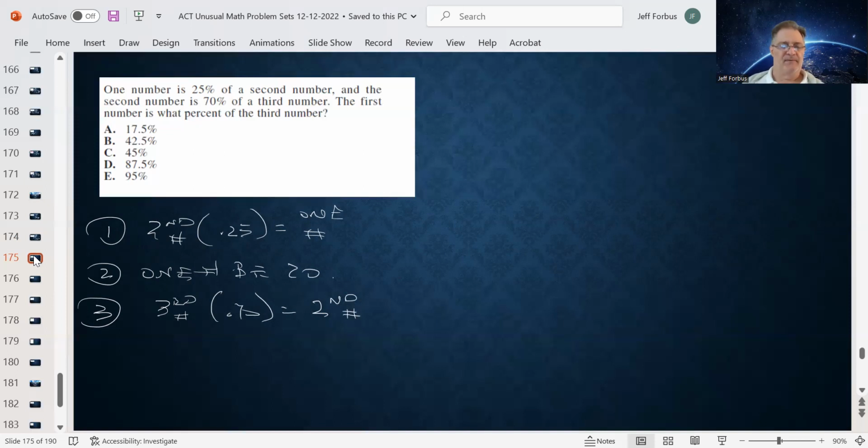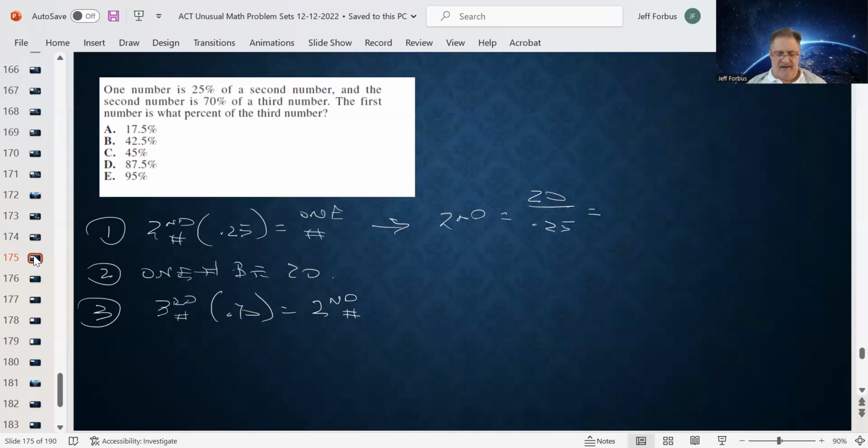Okay, so we can figure out what the second number is by using the first equation up here. With that being said, since our one number is 20, we can rewrite equation number 1 and say the second number is equal to 20 divided by 0.25.